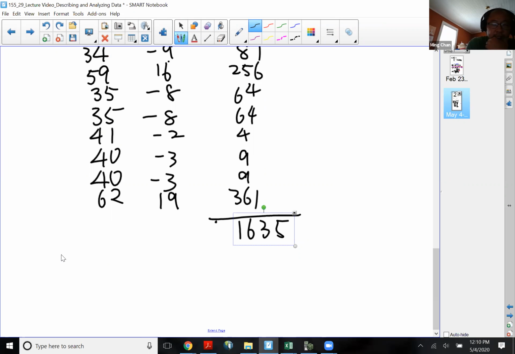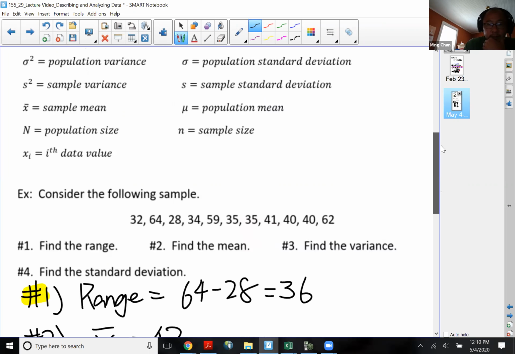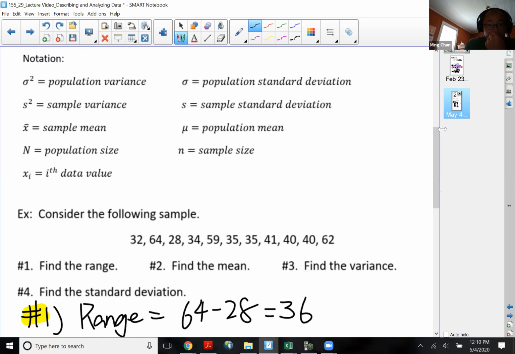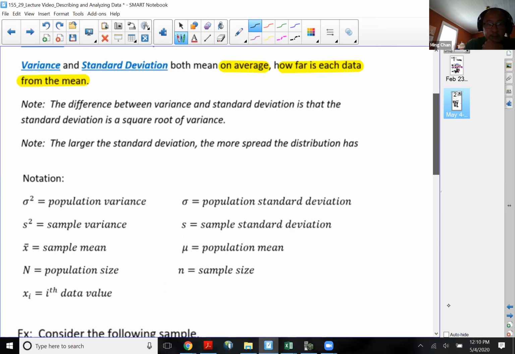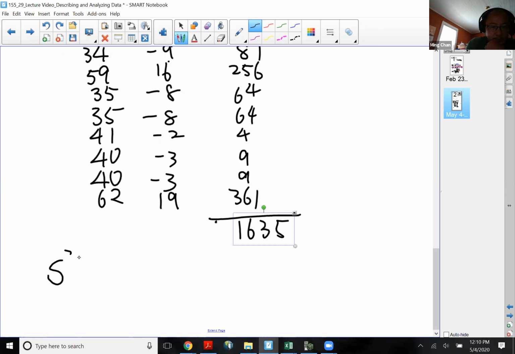To find the simple variance, which is called S squared, it is the sum of your xi minus x bar, each individual data value minus the mean, whole thing squared, divided by how many data values you have.